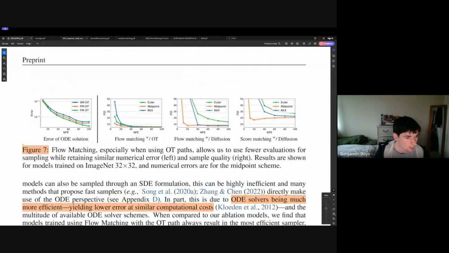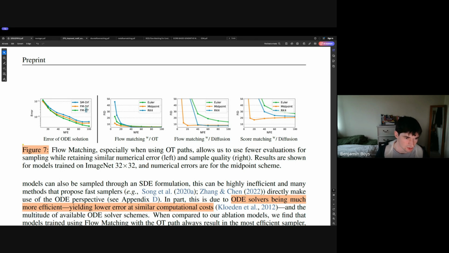And we're using ordinary differential equations, so they're using adaptive solvers, which you can tune the numerical error induced by solving the ODE. And we can also explore the number of steps and the error in solving the ODE.